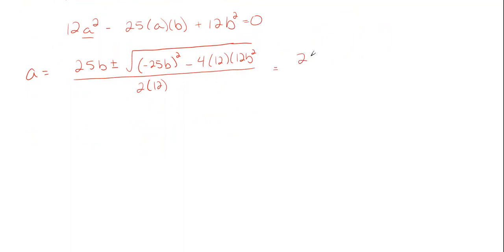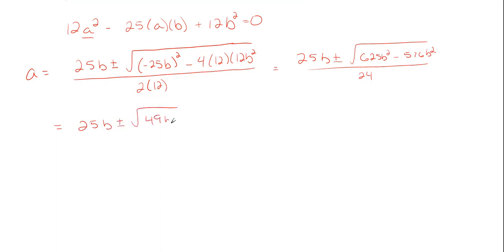This becomes 25b plus or minus the square root of 625b squared, subtracting off 576b squared, all over 24, which simplifies down even further to 25b plus or minus the square root of 49b squared, all over 24.